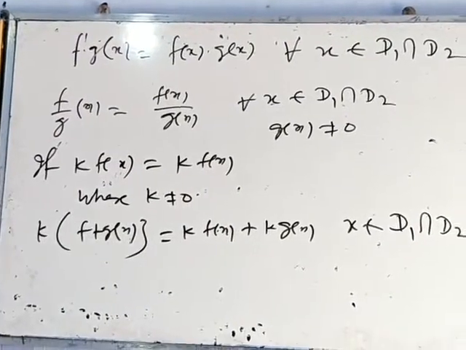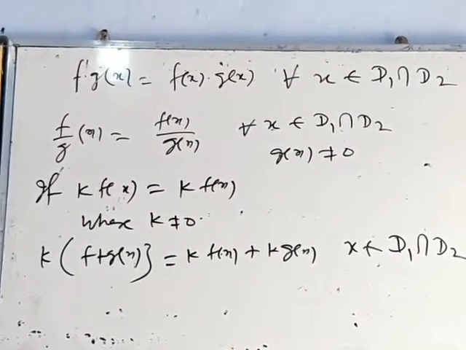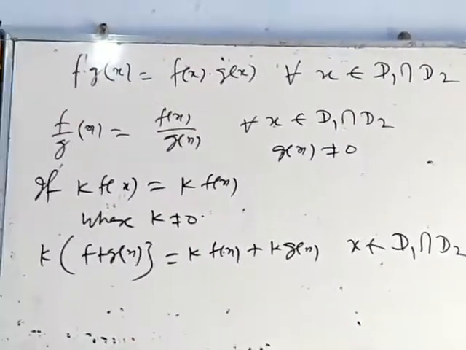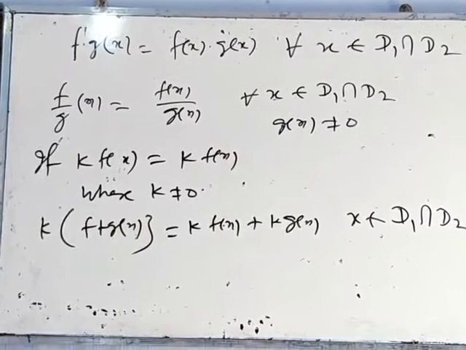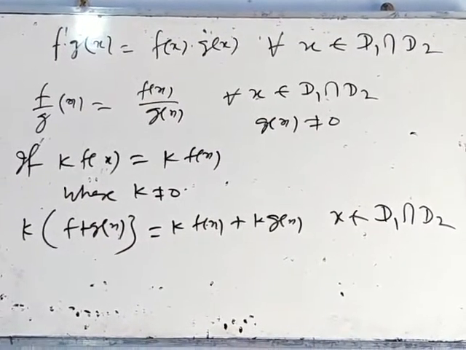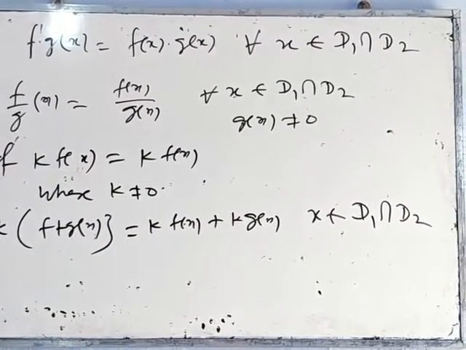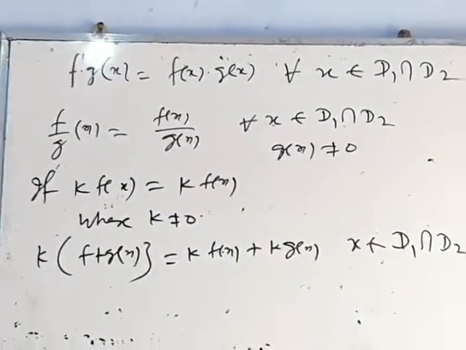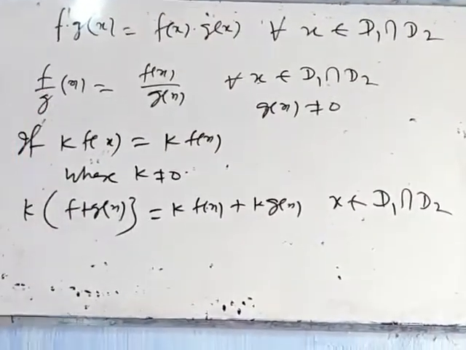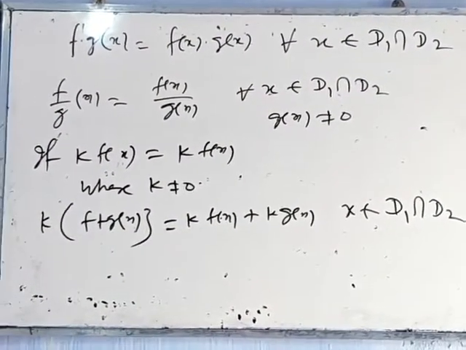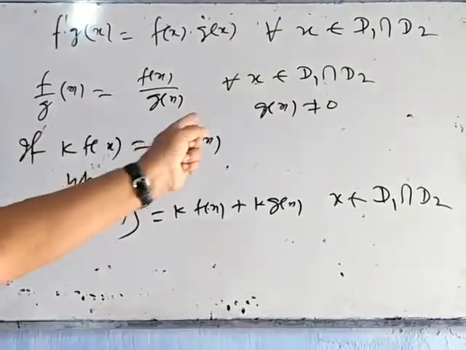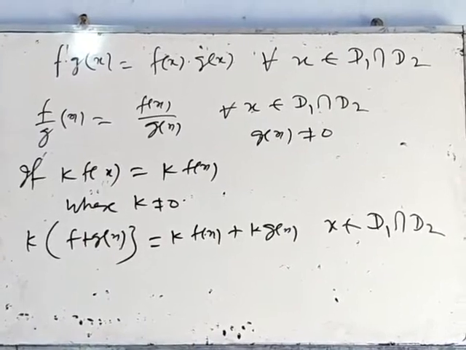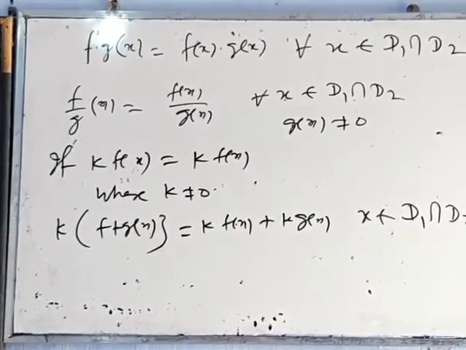So these are the operations of real functions. Here D1 is a domain, R is a codomain, D2 is a domain, R is its codomain. So their addition, subtraction, multiplication, division will be valid only for x belongs to D1 intersection D2. These are the operations on functions, student.